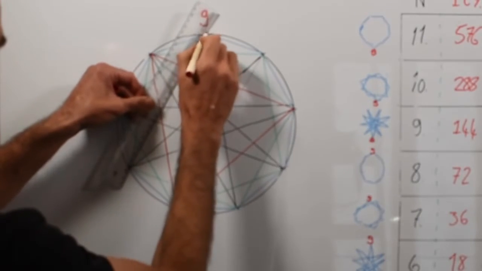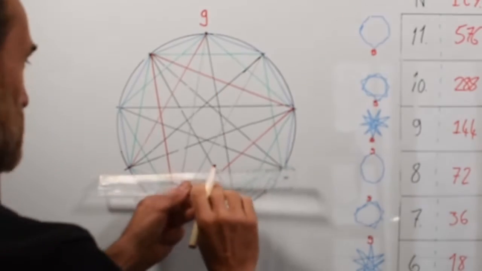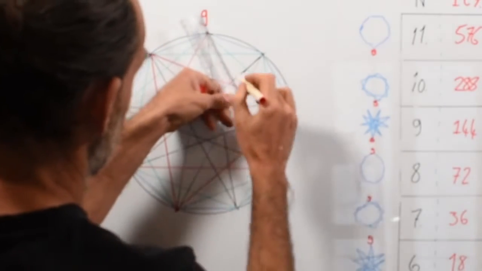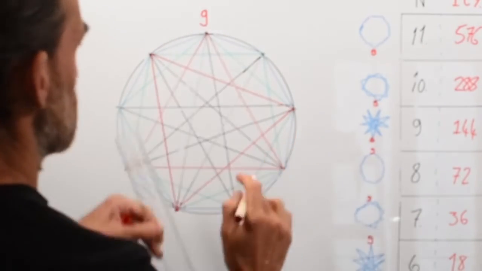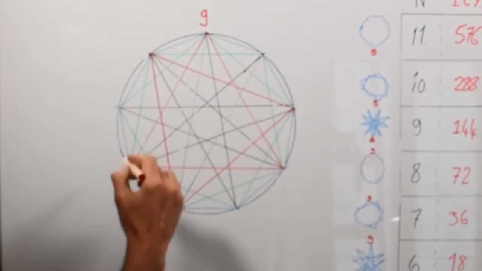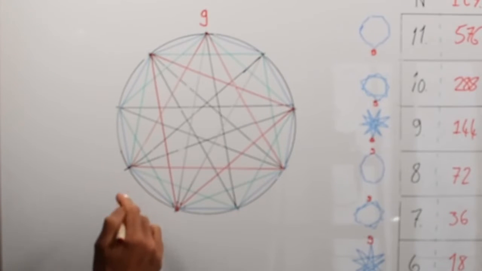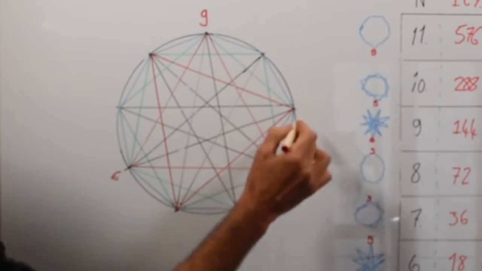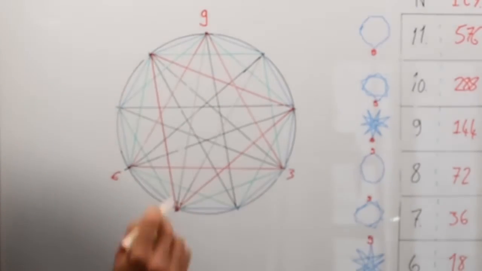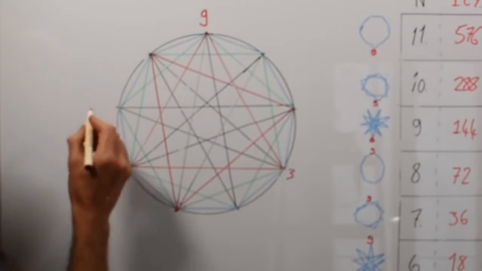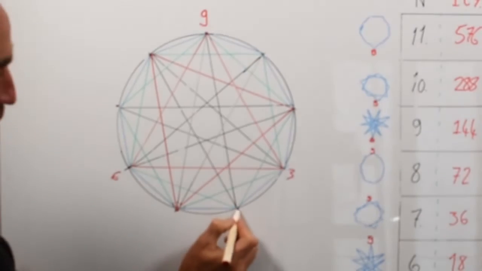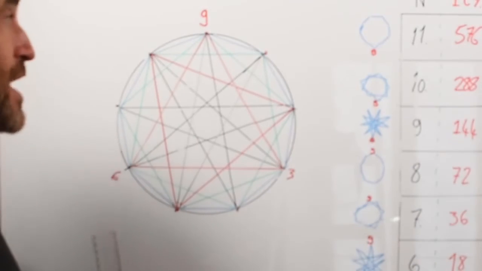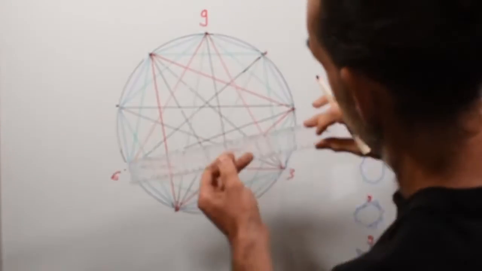Very hard to not rub out what I've done, but once again we've got another equilateral triangle, and this is your 9, 3, 6 triangle. 1, 2, 3, 4, 5, 6, 7, 8, 9, and I'm just going to throw in the last one to make up our 9-pointed star, which is made up out of 3 equilateral triangles.